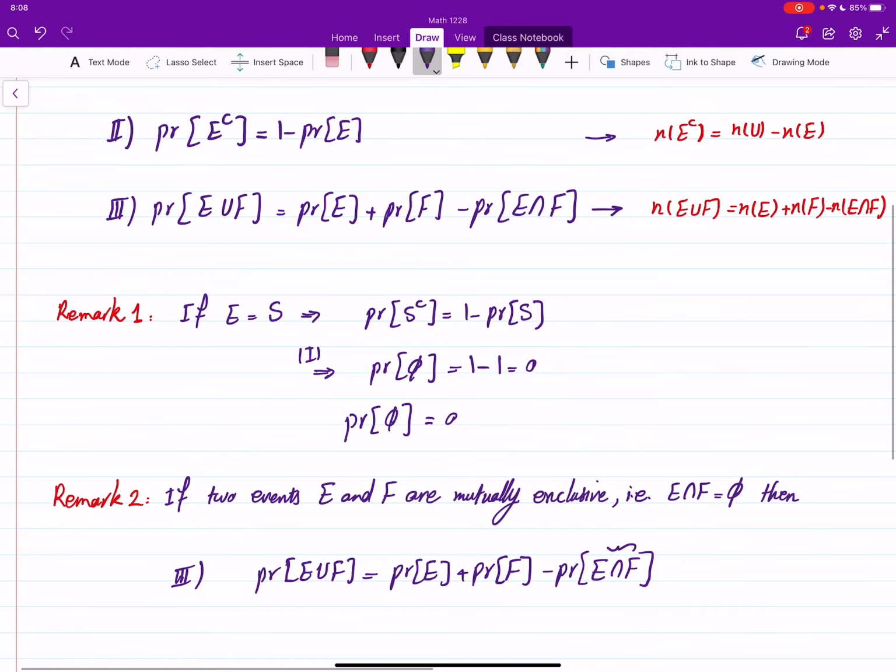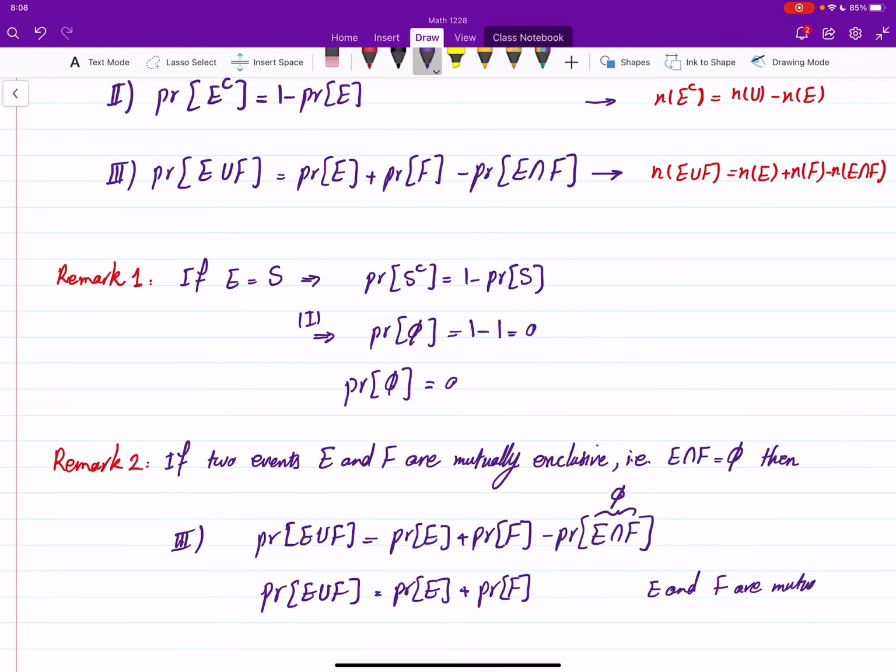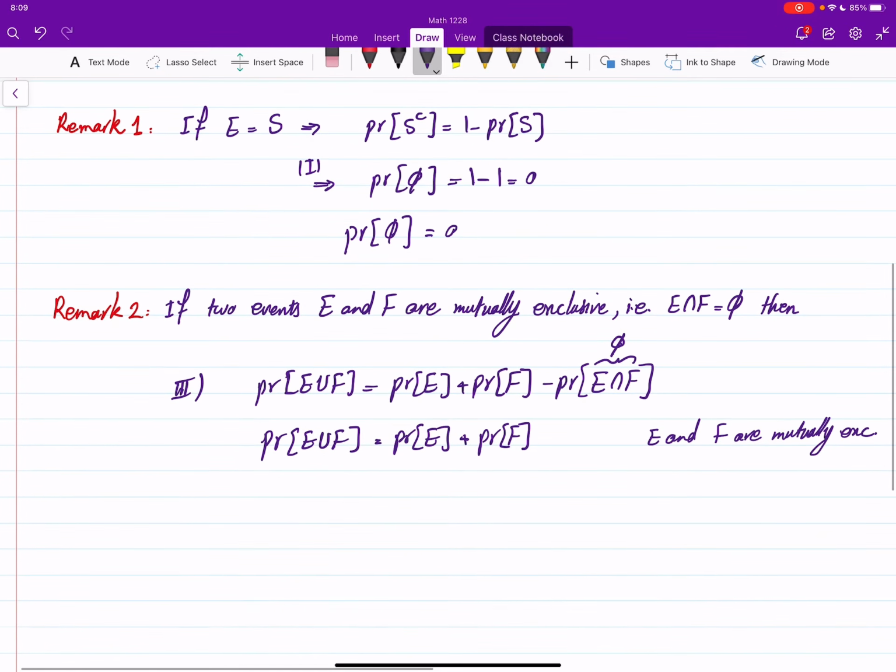But for mutually exclusive ones, we know that the intersection is the empty set, and that probability of the empty set by remark 1 is 0. So as a result, for mutually exclusive events E and F, you don't need to be worried about the intersection.